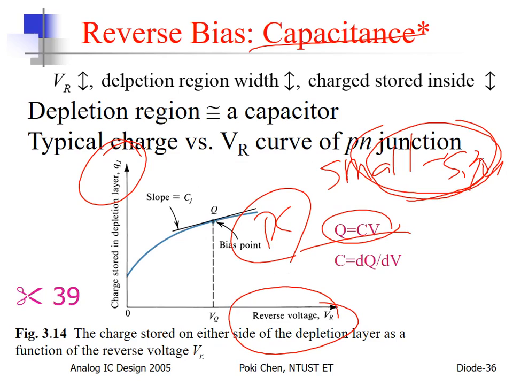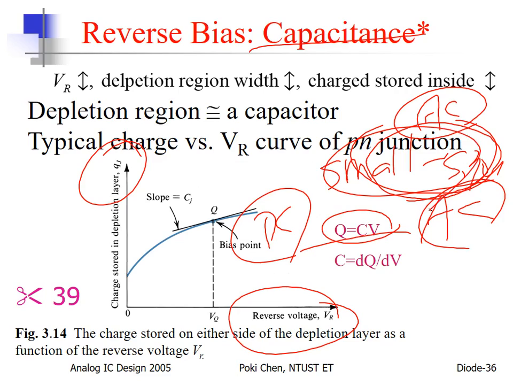What does it mean? AC operation with a narrow operation range. They are AC. They are dynamic instead of DC, I mean static. All right. So for AC, for small signal, everything needs to be linearized.